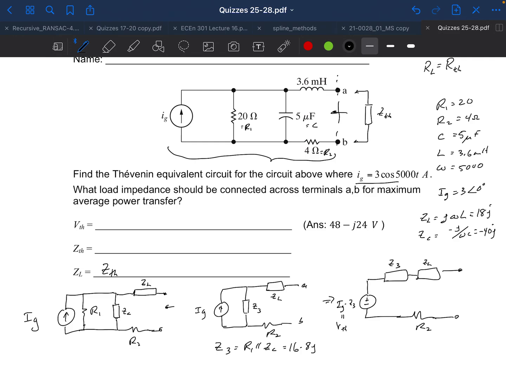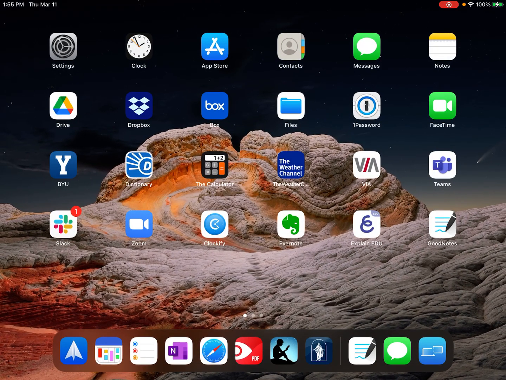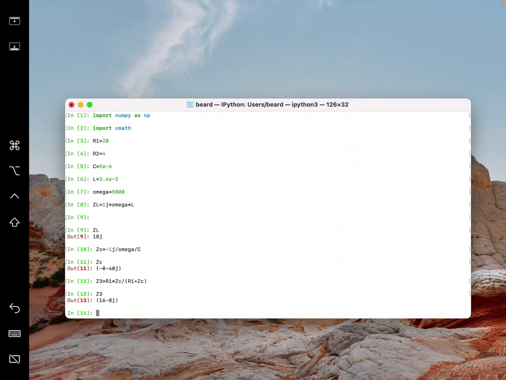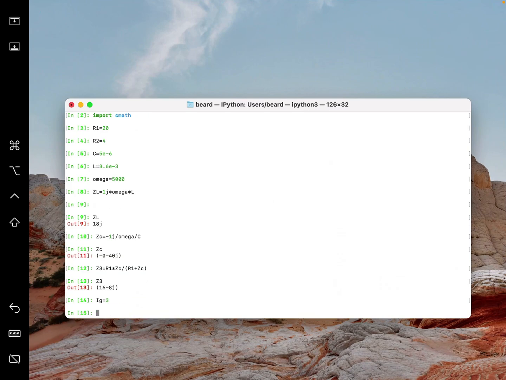VTH. And so in other words, VTH is going to be equal to IG times Z3, and IG is 3 phase 0, so IG is just 3.